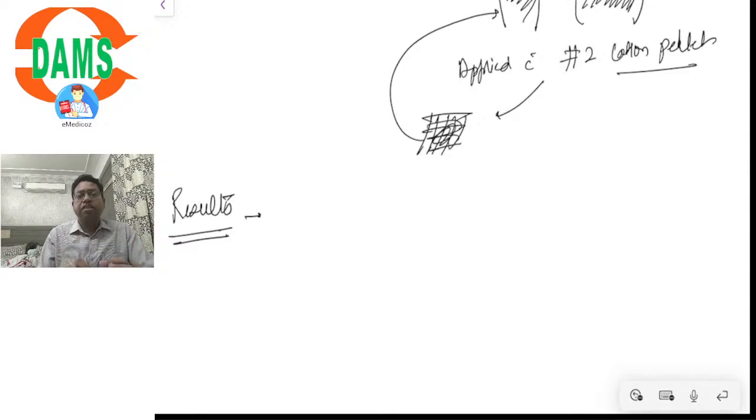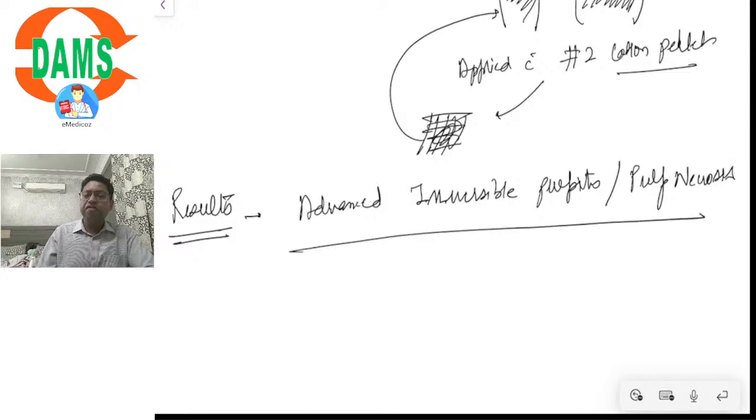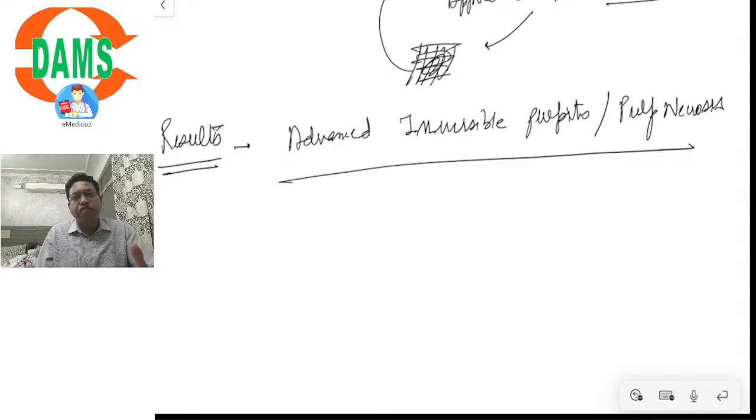So, exact diagnosis of the histological status of the pulp is not possible with cold testing, but cold testing is most accurate in circumstances of advanced irreversible pulpitis or we can also talk about pulp necrosis. The disease of the pulp is extended to an advanced stage of irreversible pulpitis or up to pulp necrosis. In such conditions, an accurate diagnosis can be made in the clinical scenario.